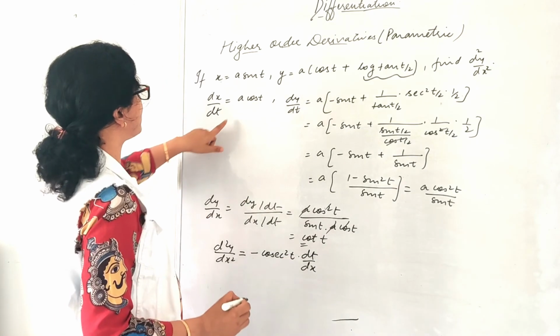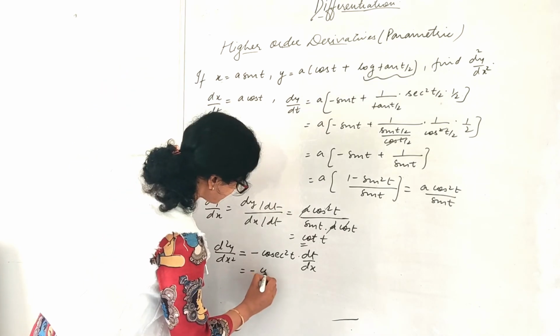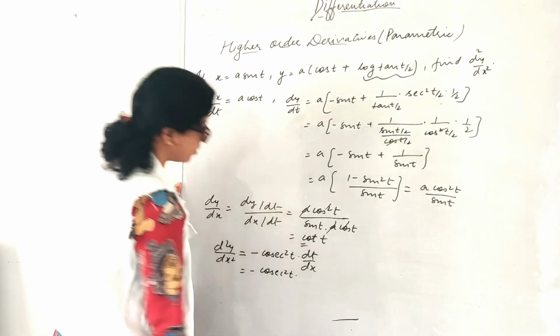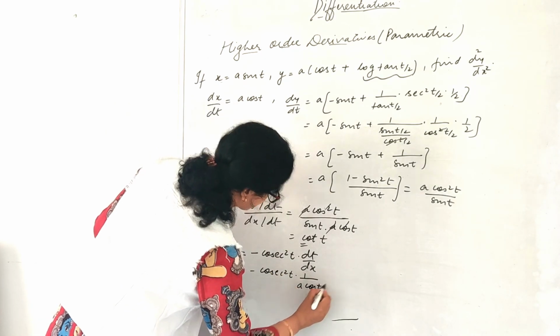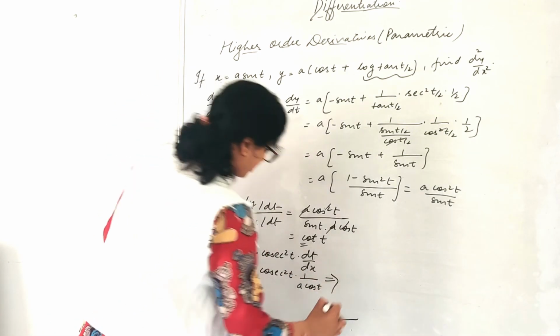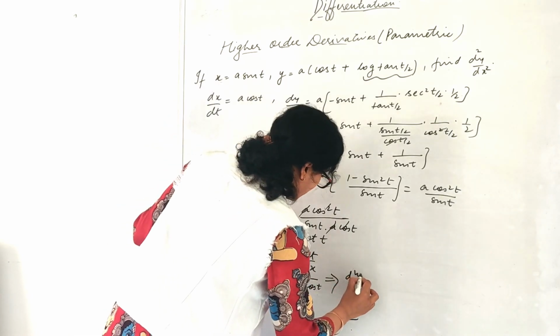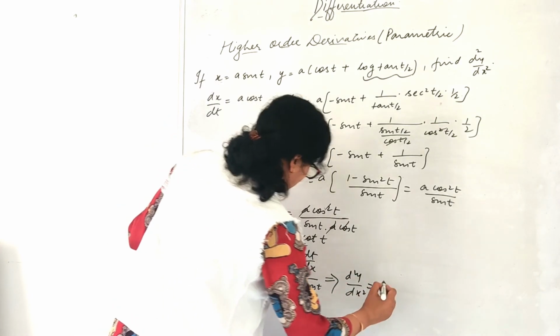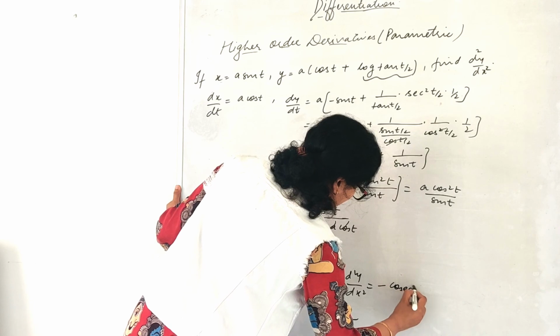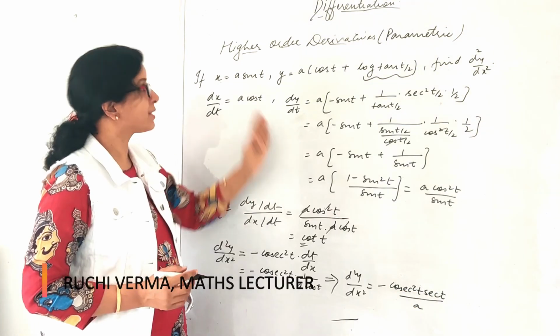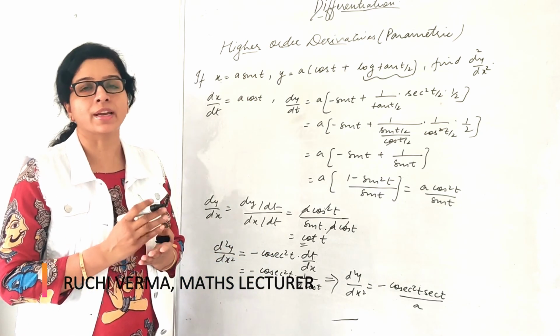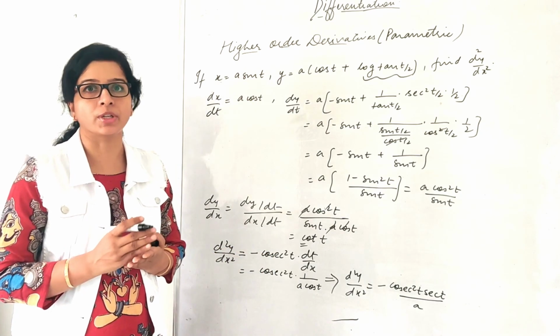And I will substitute my dt by dx from here: minus cosec square t into, what is the value of dt by dx? 1 upon a cos t. So basically what is my solution? My d2y by dx2 is nothing but minus cosec square t secant t upon a. So this is the procedure to find the second order derivative of a parametric equation.